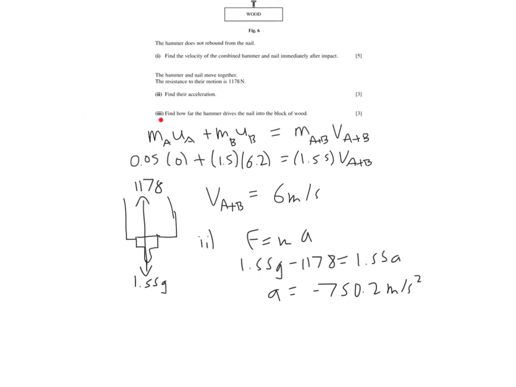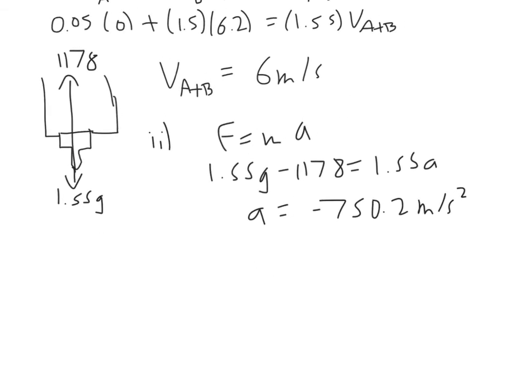Part 3 is to find how far the hammer drives the nail into the block of wood. How far is a distance? So you're looking at your SUVAT, your equations of motion of constant acceleration. S is what we want to work out. Initially, when the hammer hit the nail, it had a speed of 6 meters per second.